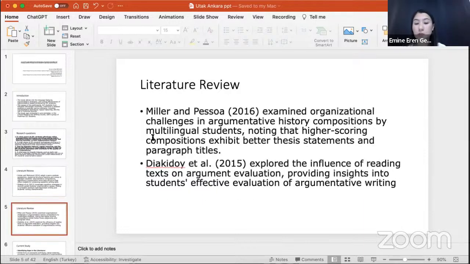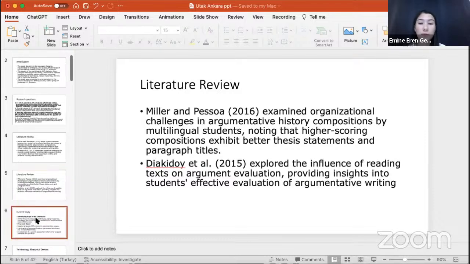Also, Miller and Peso examined organizational challenges in argumentative history compositions by multilingual students, noting that higher scoring compositions exhibit better thesis statements and paragraph titles. And Diakido et al. 2015 explored the influence of reading text on argument evaluation, providing insights into students' effective evaluation of argumentative writing.